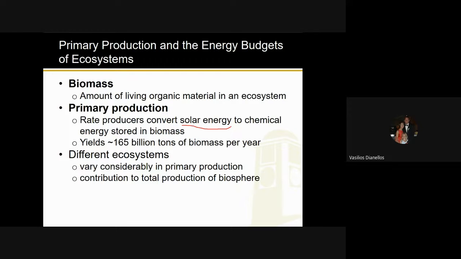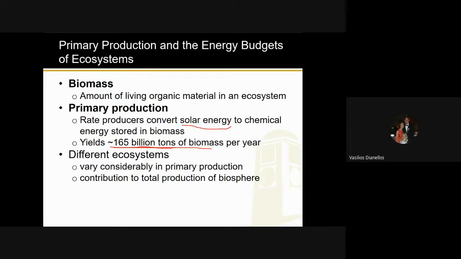And that's just one example. But scientists have actually quantified it. Primary production around the Earth yields about 165 billion tons of biomass per year. So that's a big number.